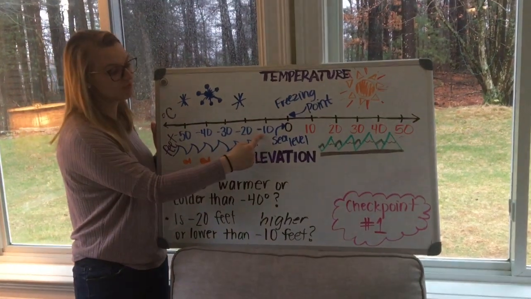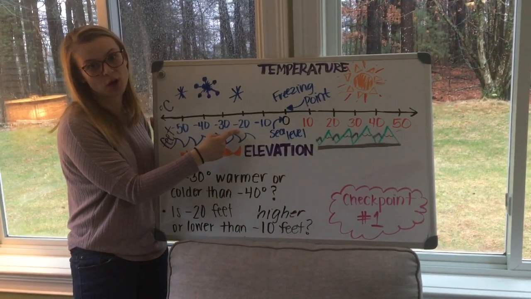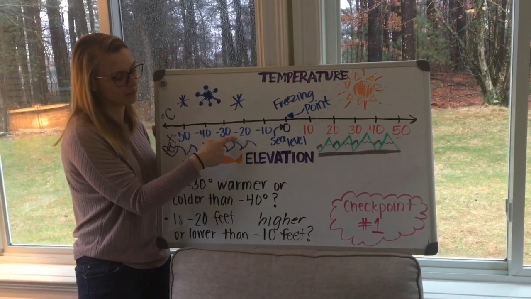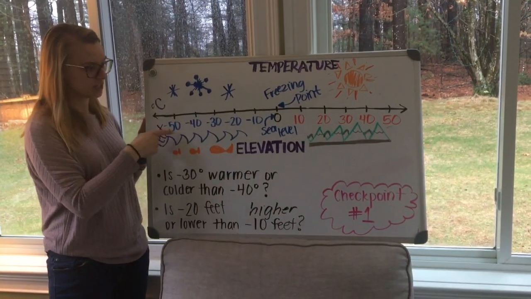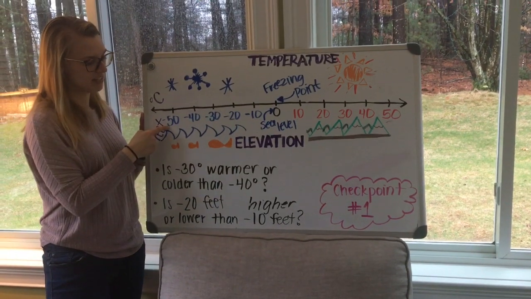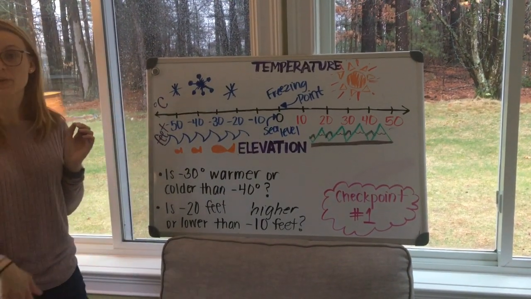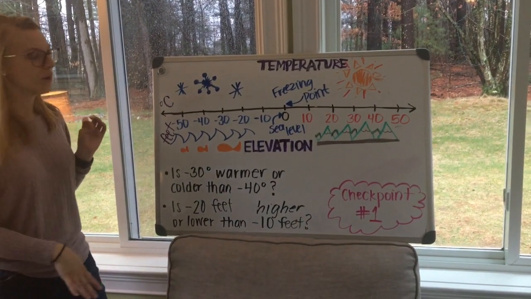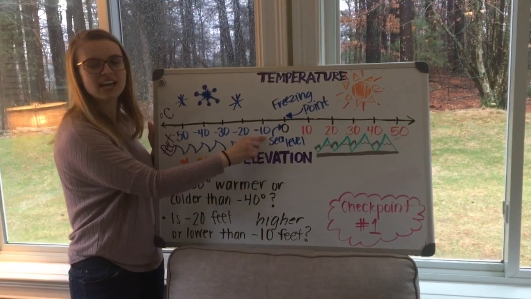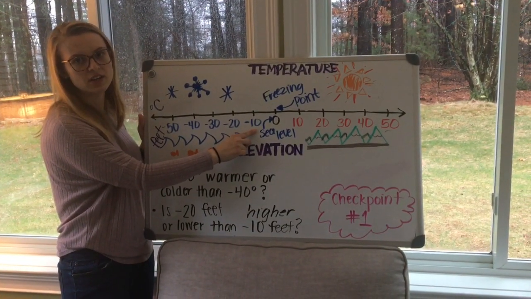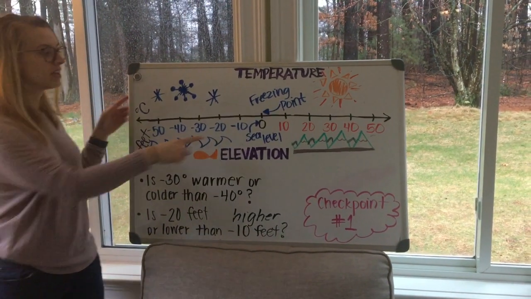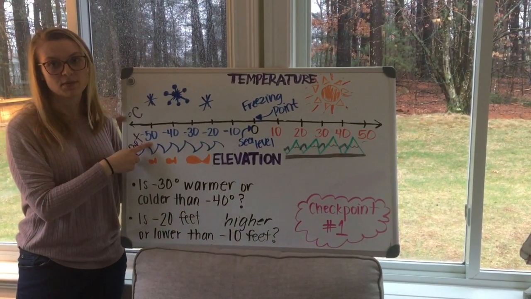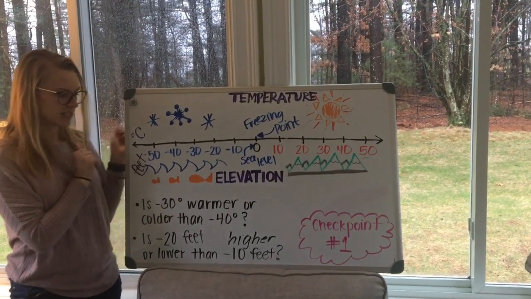It might be -10, -20 feet below sea level, below the water. As you get further underwater, the negative numbers get further away from sea level. -50 is much lower under the ocean. When you snorkel, you might stay just 10 feet below the ocean, but if you were to scuba dive, you had an oxygen tank on, you'd get even further below sea level, maybe -50 feet below sea level.